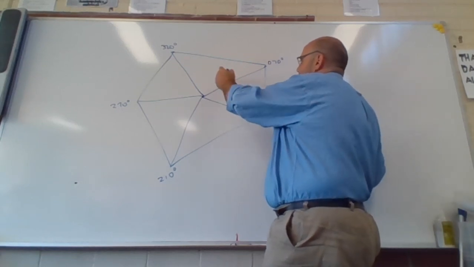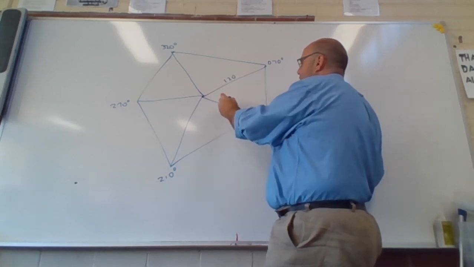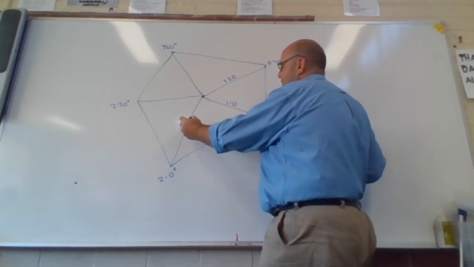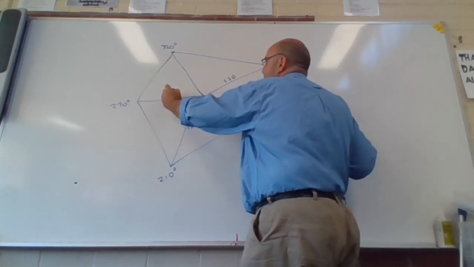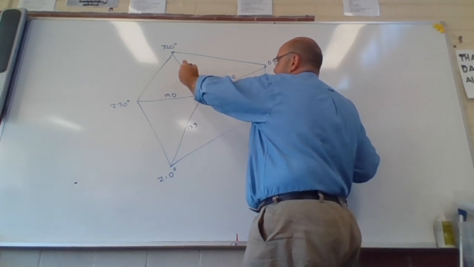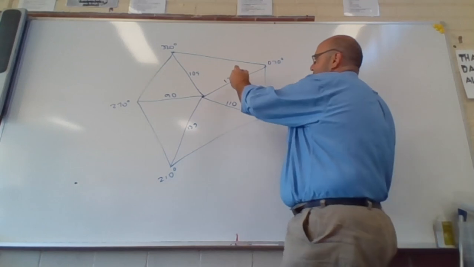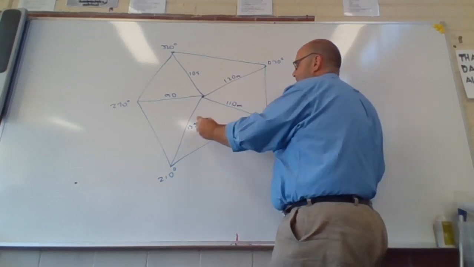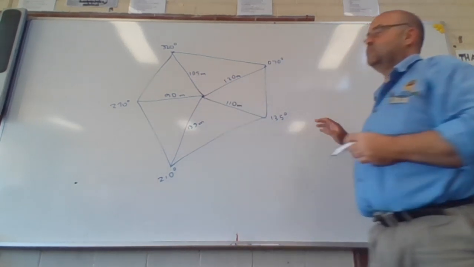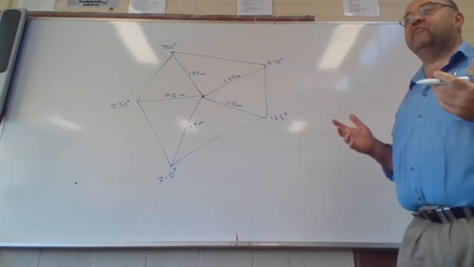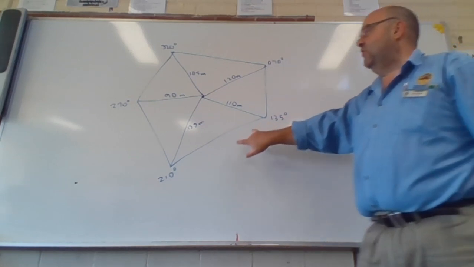Just randomly picking some numbers here, that might have been 120, that might have been 110, that might have been 135, that one there could have been 90, and this one here could have been 105. They're all metres. We've got enough information now to work out the length of each side of our field.